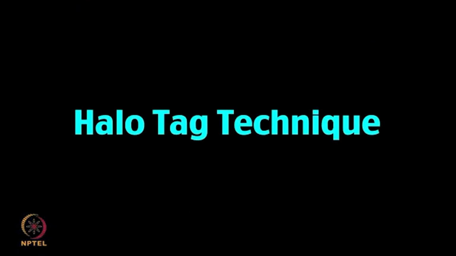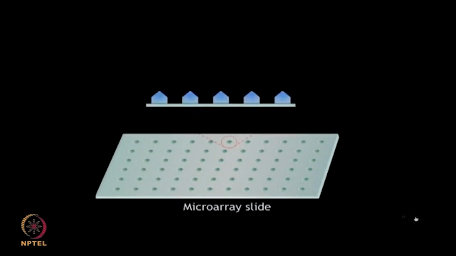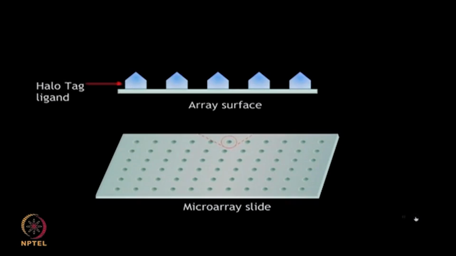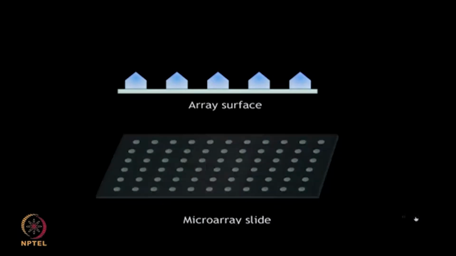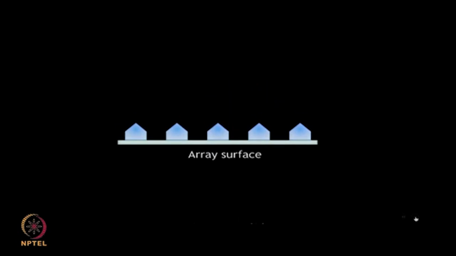Let us discuss the working principle of halotag arrays in this animation. Halotag technique. In halotag technique, the slide is activated with the halotag ligand, which captures the expressed protein through firm covalent interaction, which prevents any material loss and ensures oriented capture of the protein.